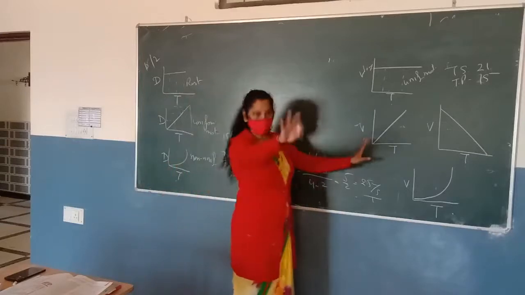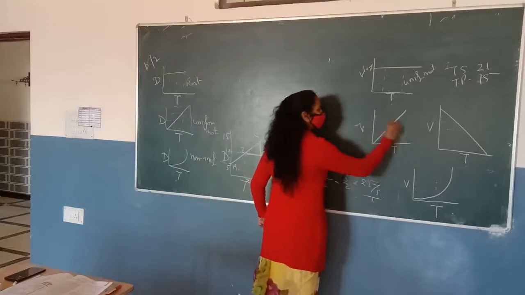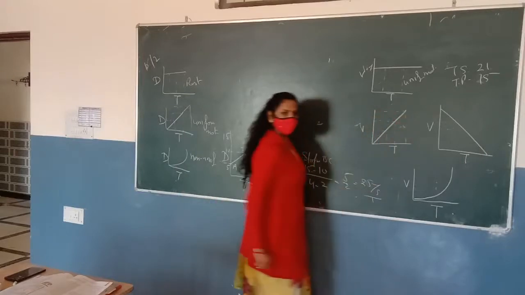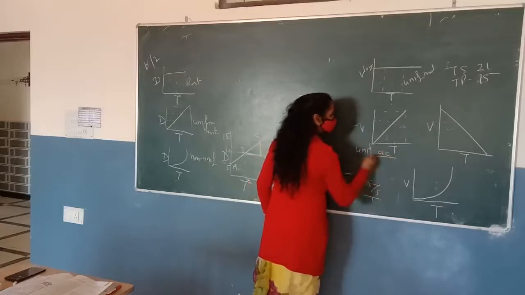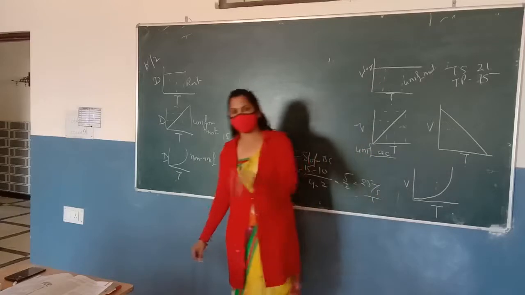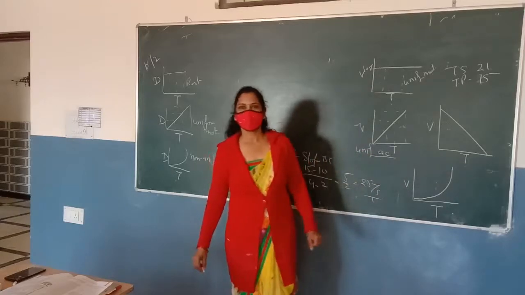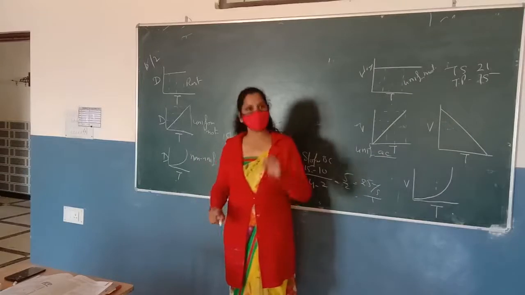These are the uniform acceleration. Because there is an equal change in velocity in equal intervals of time. So this is called the uniform acceleration. Okay? And this type of graph in which the velocity is decreasing. Okay, Vaishnavi? Uniform retardation. Retardation means the acceleration is negative here.